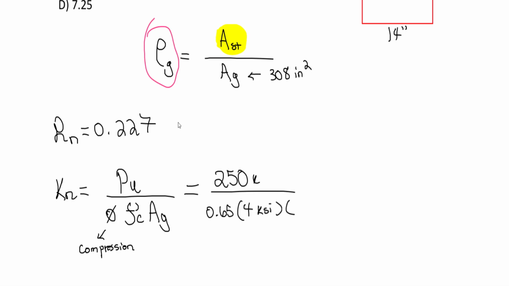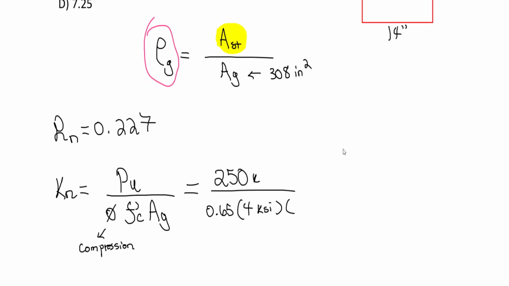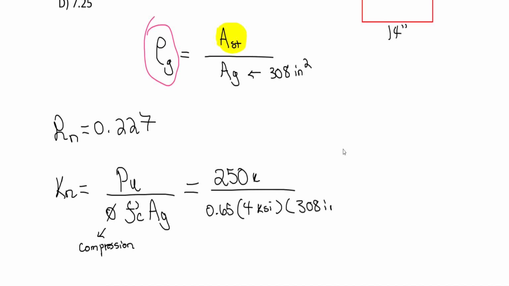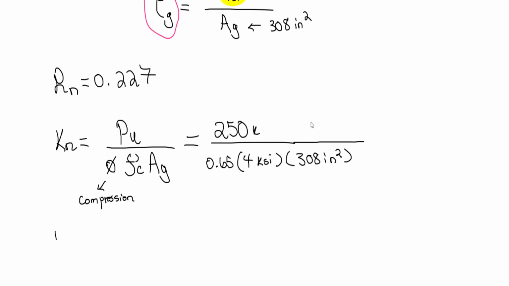Times A sub g, which is 14 times 22, or 308 inches squared. The units look good, everything is in kips and inches. Now we can solve for K sub n, and I got about 0.312.